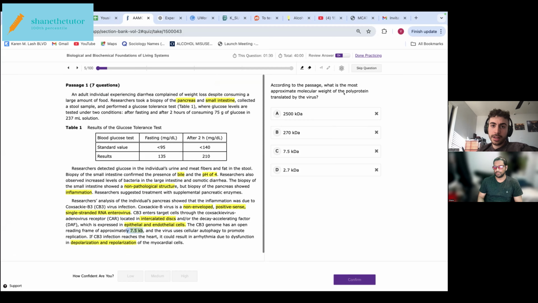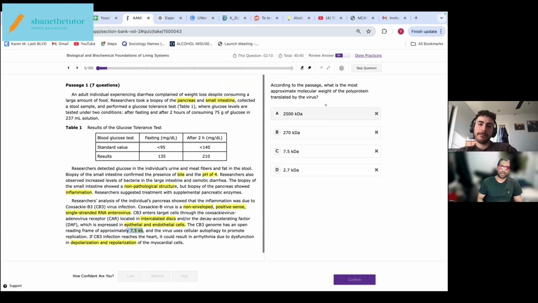That will play a role, but there is an extra step here. So what does the 7.5 KB represent? The open reading frame, the genome, 7.5 kilobases. So nucleotides, right?